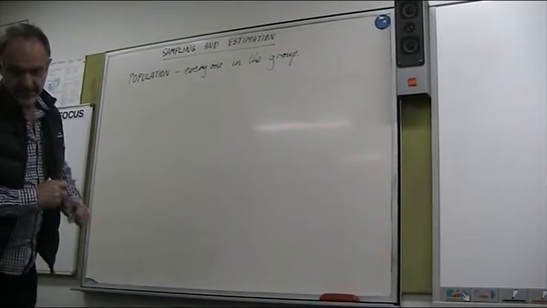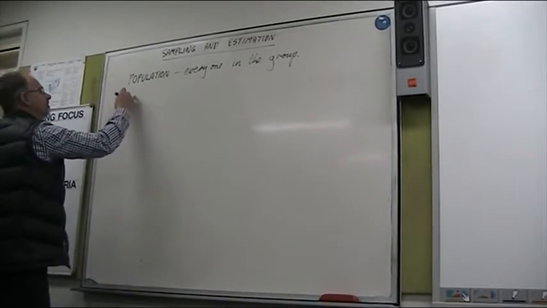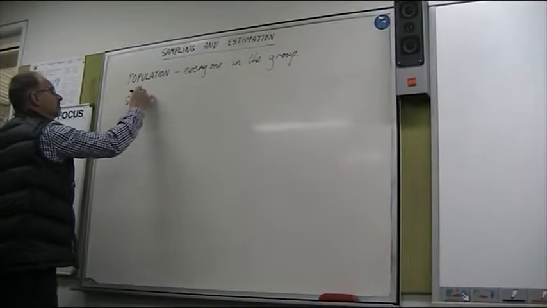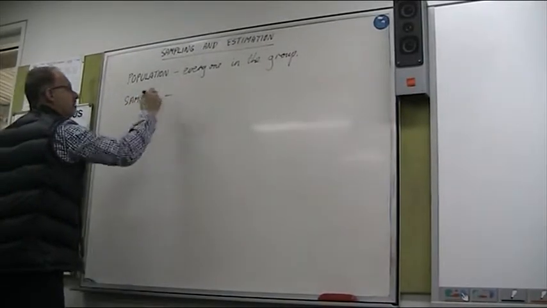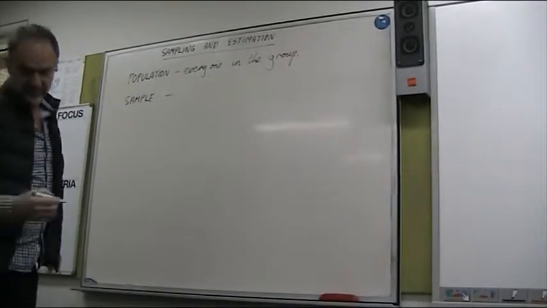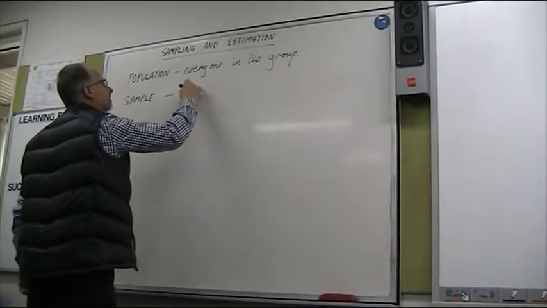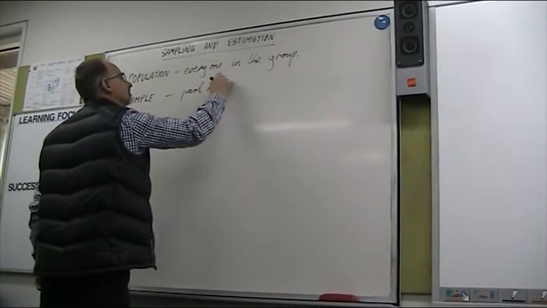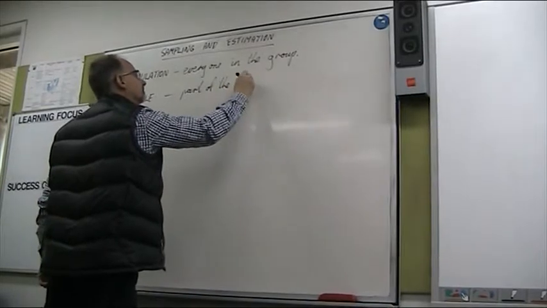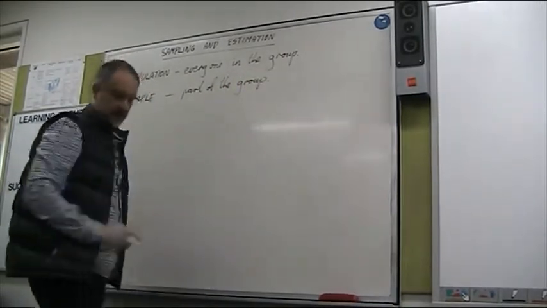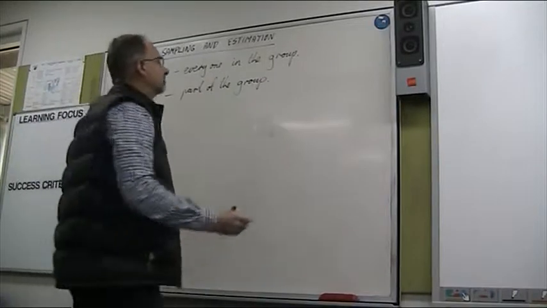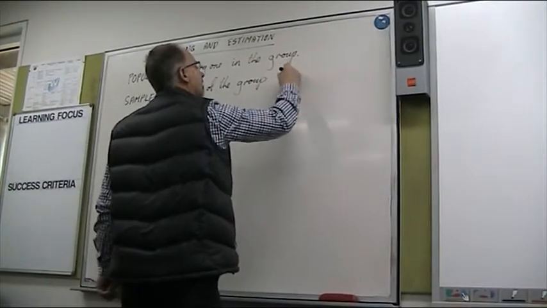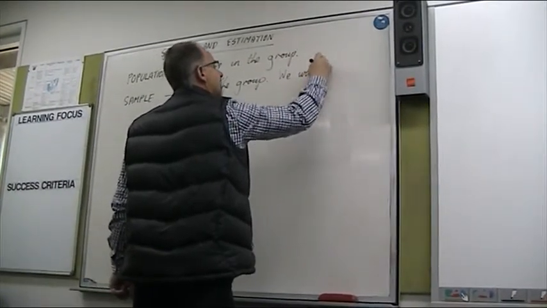Alright, so a sample. A sample is part of the group, so it's part of the population. And ultimately what we want is a random sample.